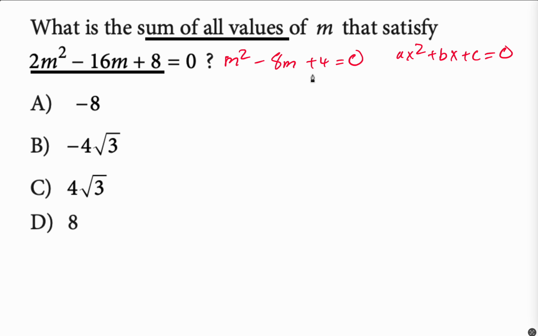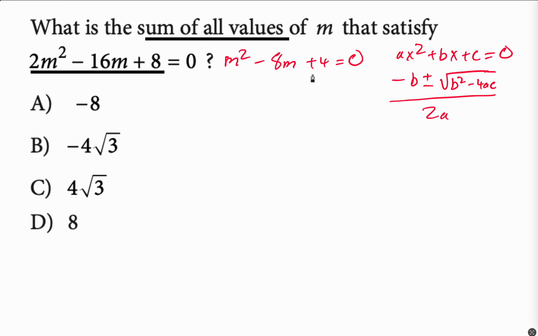The quadratic formula says, in order for you to solve this for x, you can do this: negative b plus or minus the square root of b squared minus 4ac, everything over 2a, right? By doing this, that will give you the answer for x. So this is the quadratic formula.